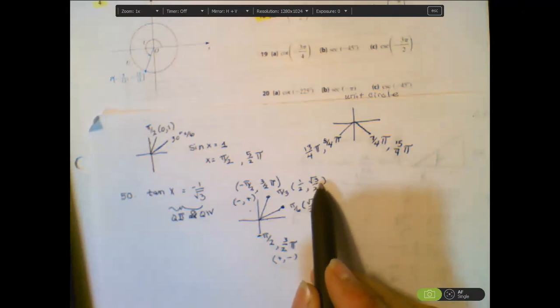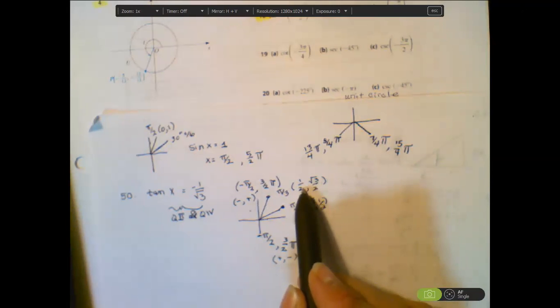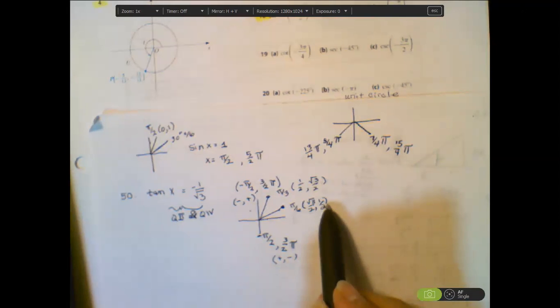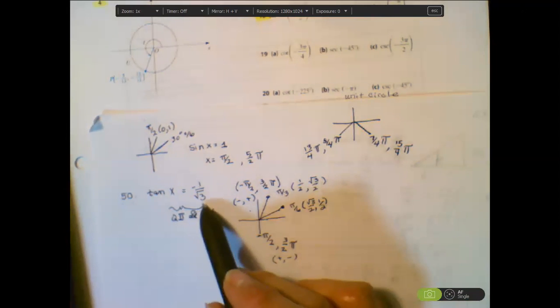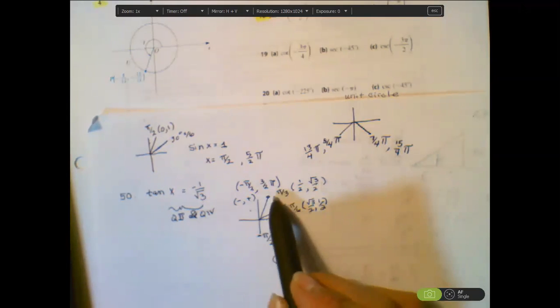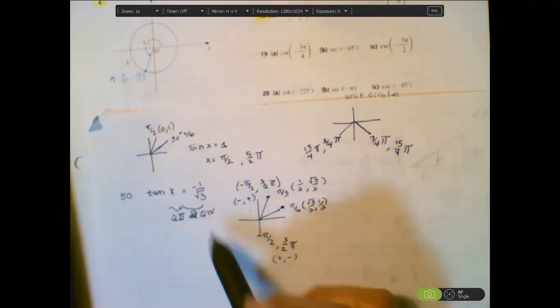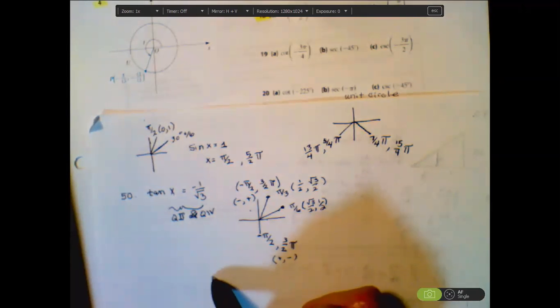So is it square root of 3 over 2 times 2 over 1, or is it 1/2 times 2 over square root of 3? That would give you the square root of 3 in the denominator. If you divided the y by the x, would it be here at pi over 6 or at pi over 3 that your square root of 3 would end up in the denominator?